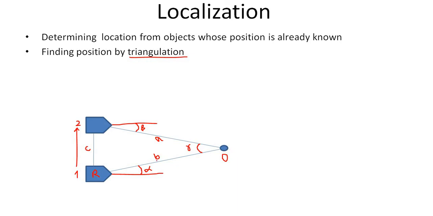Okay, so let's calculate first. Let's calculate B. How can we calculate B? Let's apply the law of sines on this triangle. So this law says that A over... okay, I forgot to mention this internal angle, sorry.